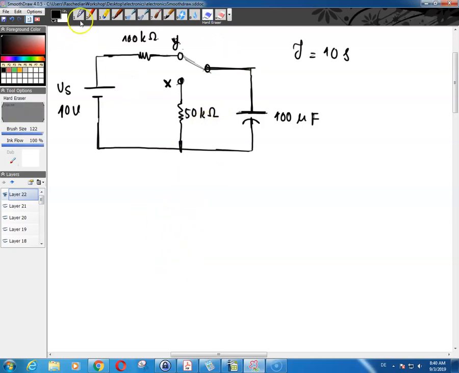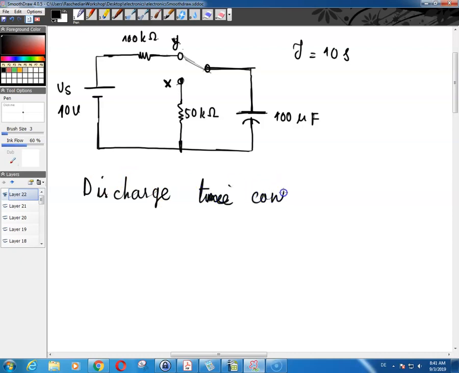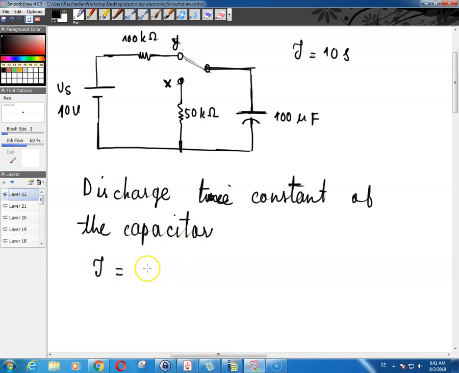So now what is the discharge time constant of the capacitor? The discharge time constant of the capacitor is going to be tau is equal to R times C. The same relationship, tau is equal to R times C, which is equal to 50 kilo ohms, so 50 into 10 raised to the power 3 ohms times C, which is the same 100 microfarad, 100 into 10 raised to the power negative 6 farad.